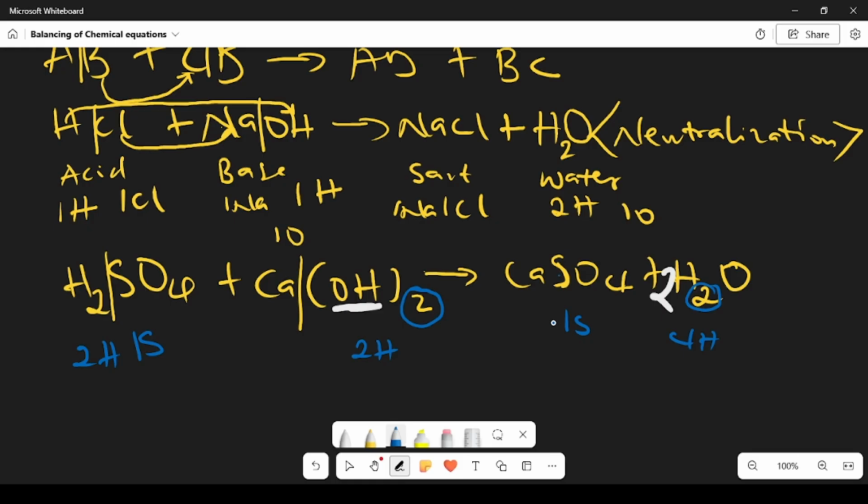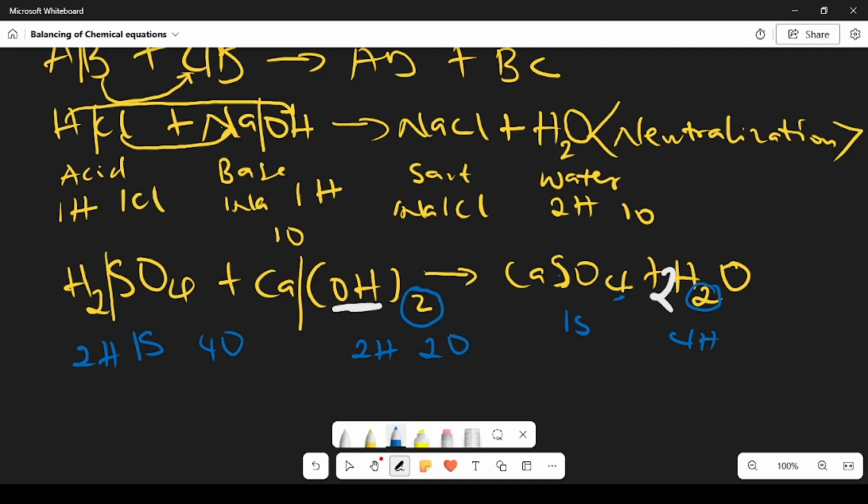Understood? The next thing left here is oxygen. In the first compound, which is the acid, you have 4 atoms of oxygen. And the second one, just as we explained before, 2 times 1 here will give you 2. So you have 2 atoms of oxygen and 4 atoms of oxygen. It means you must have 6 atoms of oxygen at the product side. Now let's check.